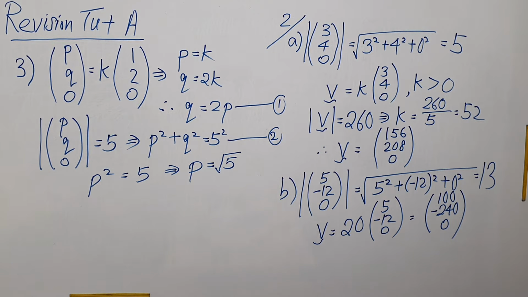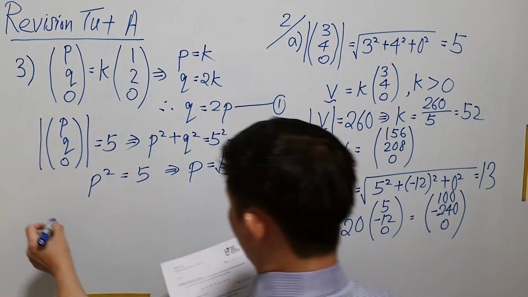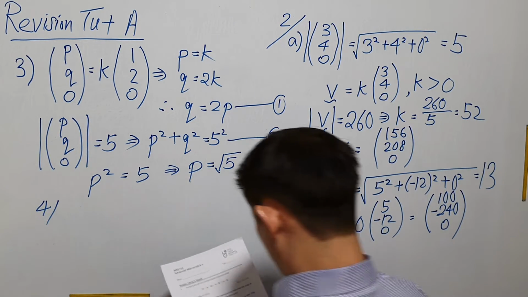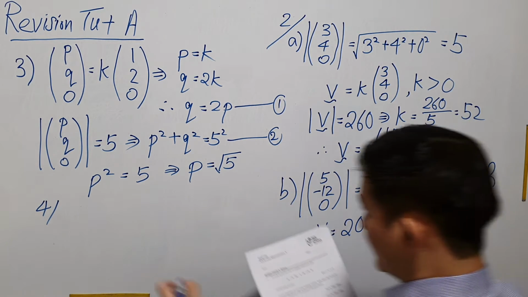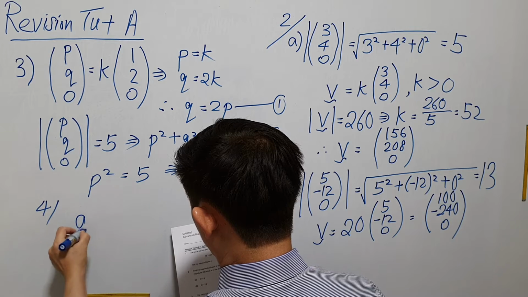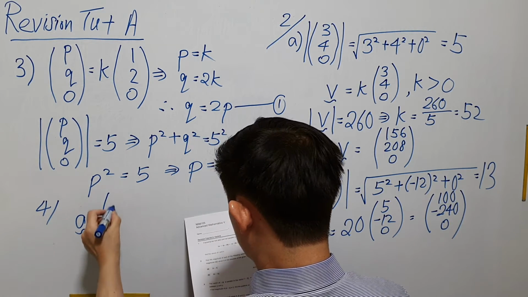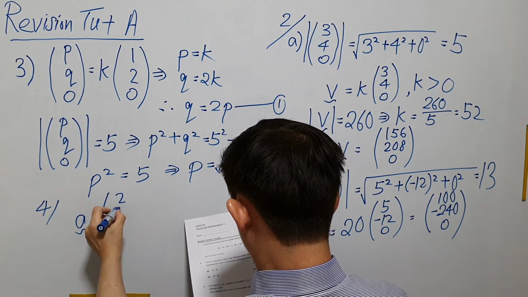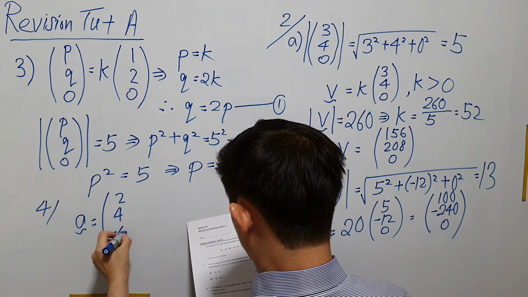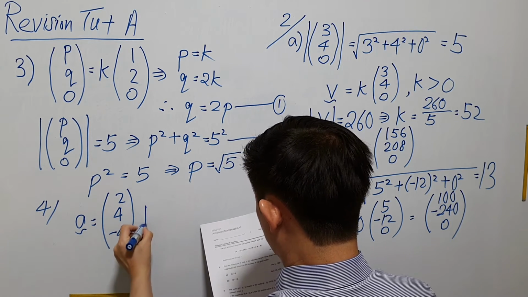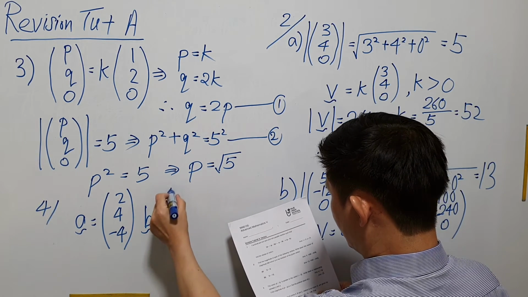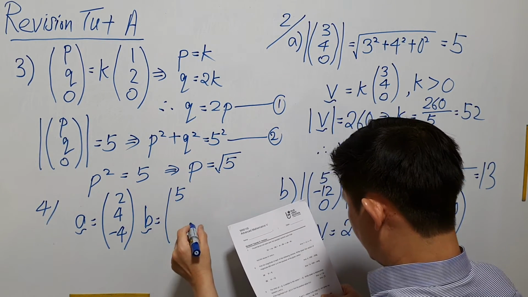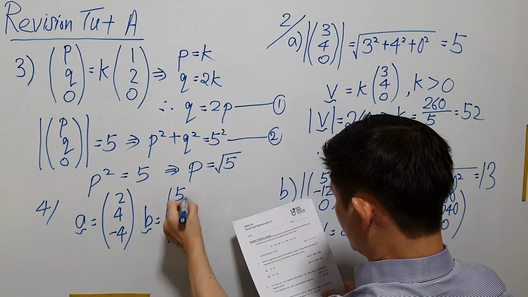Then we have question number 4. What do we have here? We are given 3 vectors. The position vector of A, written as a, is 2, 4, minus 4. And then the vector b is given to be 5, 2, 2.